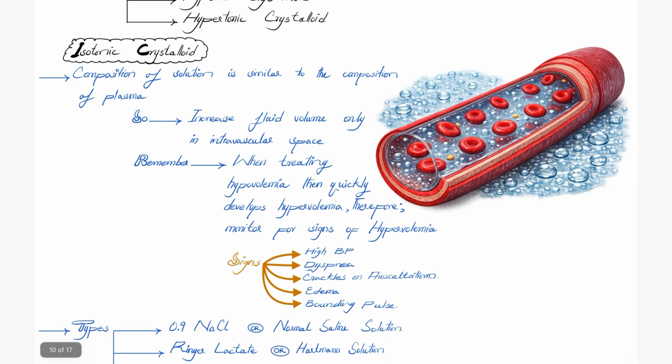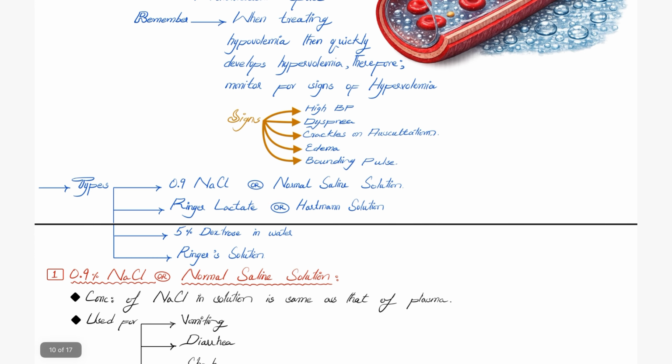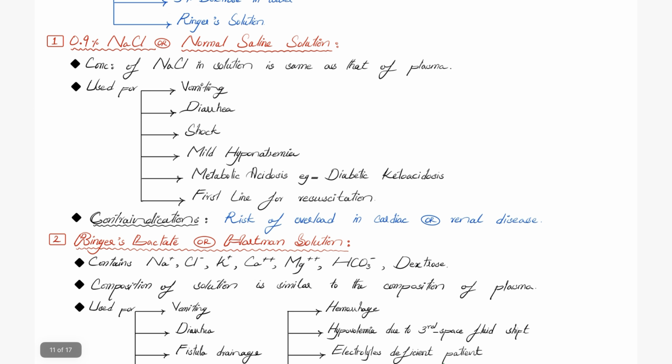So how many different types of solutions are present in the form of isotonic crystalloids? There are 0.9% sodium chloride, which is also called normal saline, Ringer lactate, also called Hartmann solution, 5% dextrose in water, and Ringer solution. So let's talk about some of the indications of these different types of isotonic crystalloids. Number one, 0.9% sodium chloride or normal saline. The concentration of sodium chloride in the solution is the same as that of plasma.